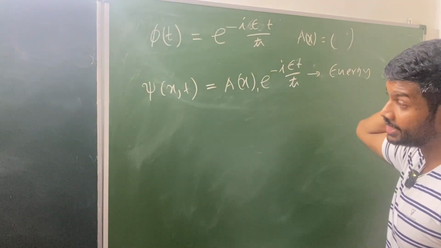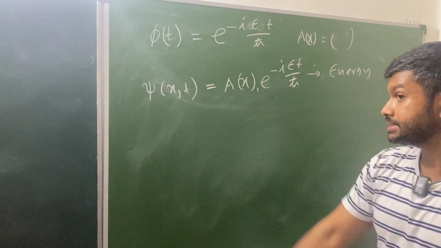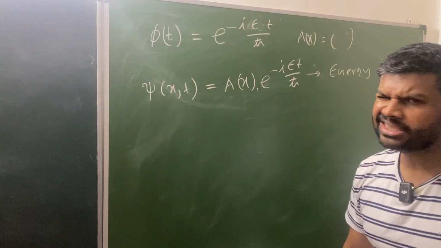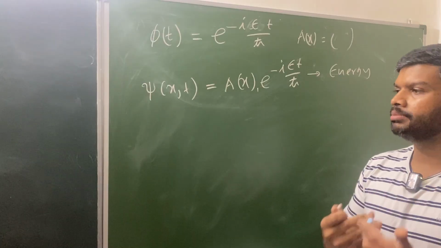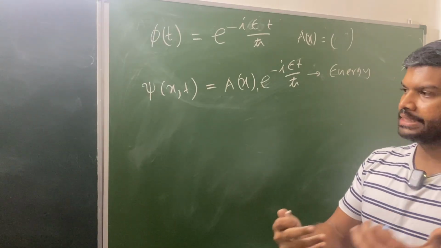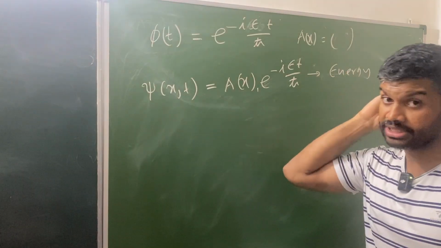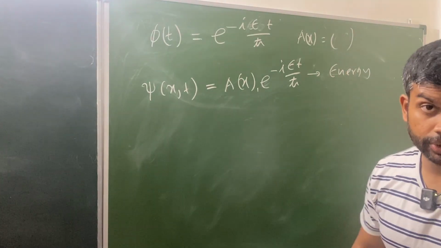We already know that these psi of x and t are eigenstates, but not all the states are eigenstates. Sometimes we will come across some other strange states too, right? This is something very important that I want to show you, guys.